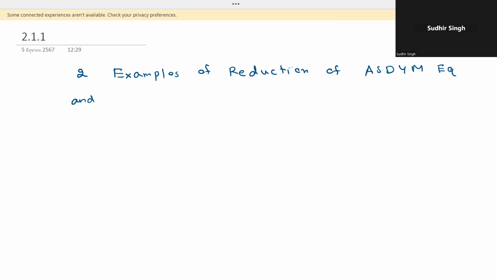And also, I would like to talk about the Lax pair, which is an integrability feature of the anti-self-dual Yang-Mills equation. Okay. So first, looking at the example first.